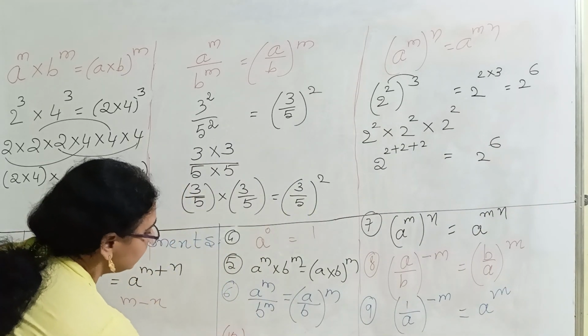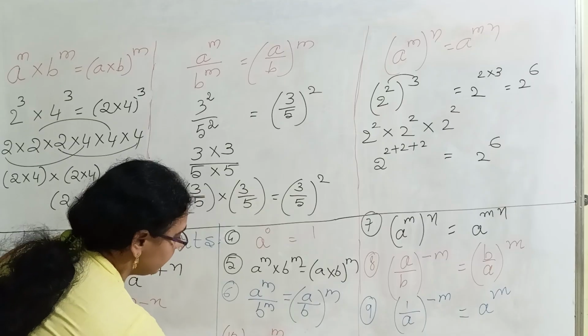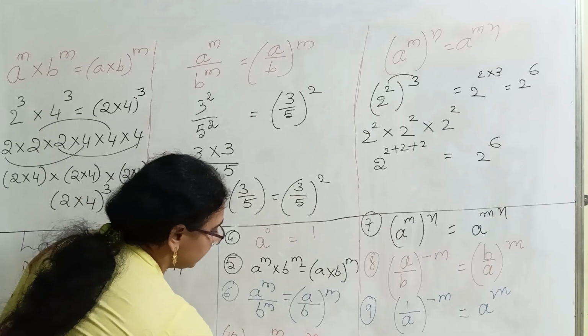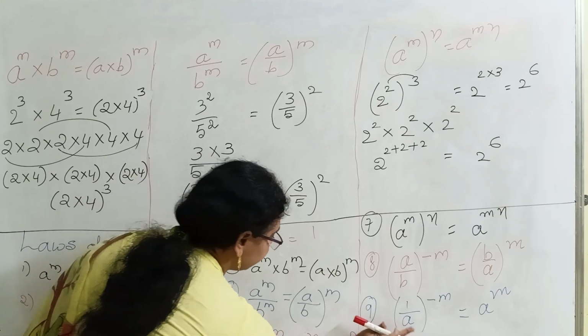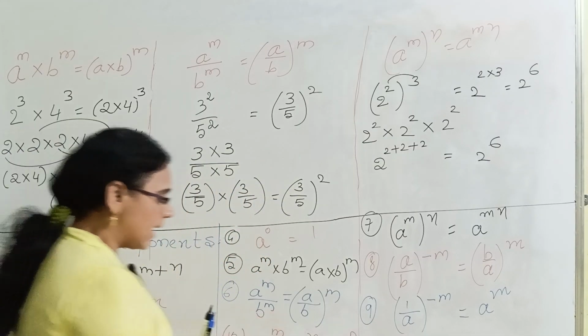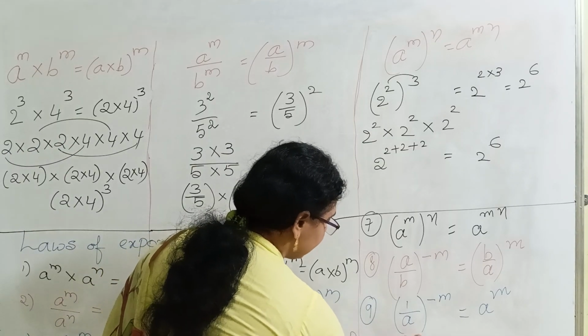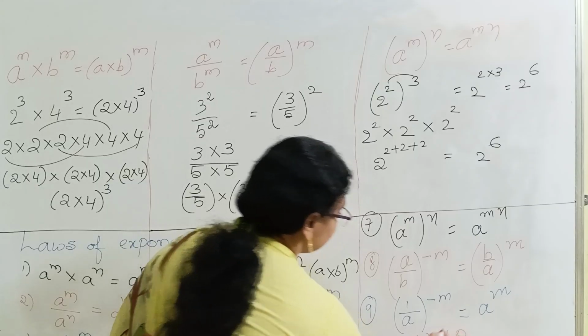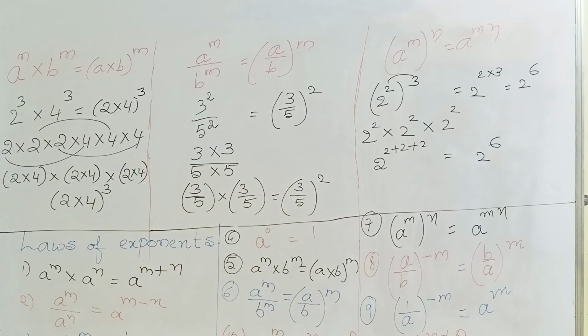So how many they given also? That means a power m into a power n into a power p. So bases are same in multiplication, add the exponents m plus n plus p. Here only two are there, then only we will say like that. That thing is not there. How many they given also, you have to write like that.